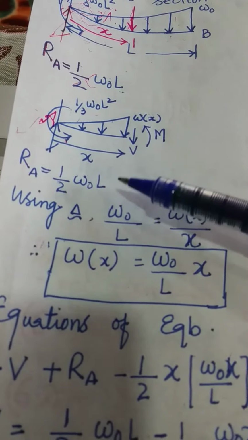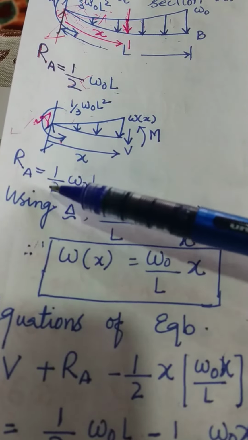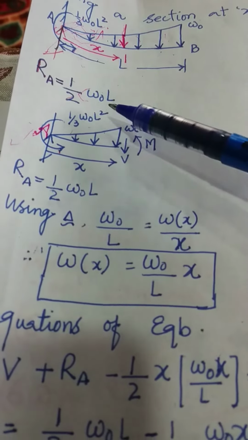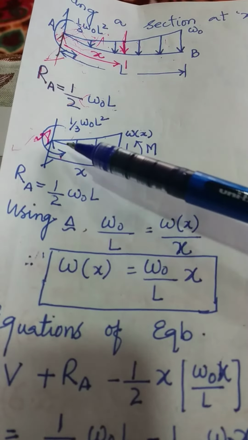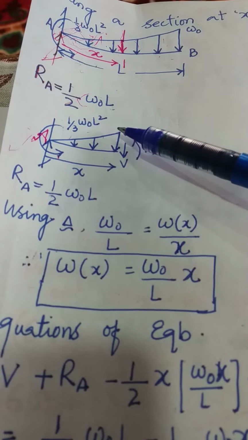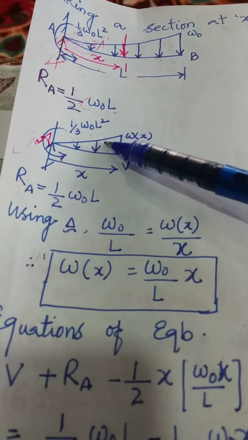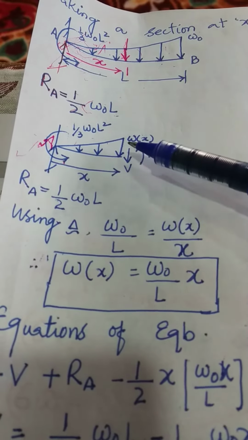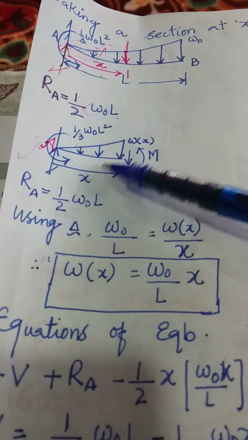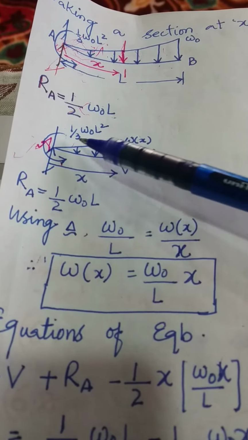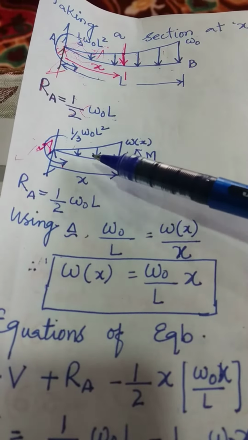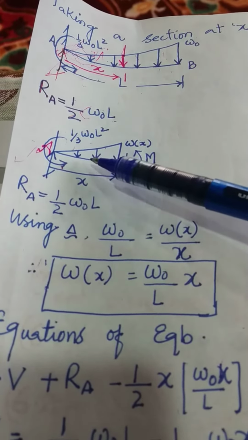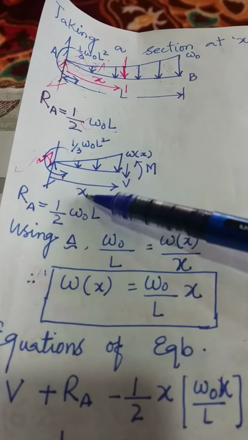We have Ra acting upwards whose magnitude is 1/2 of W0 into L, we have shear force acting downwards, and we have this triangular distributed load acting on a span of X. The value of this triangularly distributed load will be equal to the area under this load diagram, that will be 1/2 of W of X multiplied by X, and this triangular distributed load will be acting at the centroid of this smaller triangle, and the centroid of the right angular triangle from this fixed end is at a distance of 2/3 of the base, that is 2/3 of X.